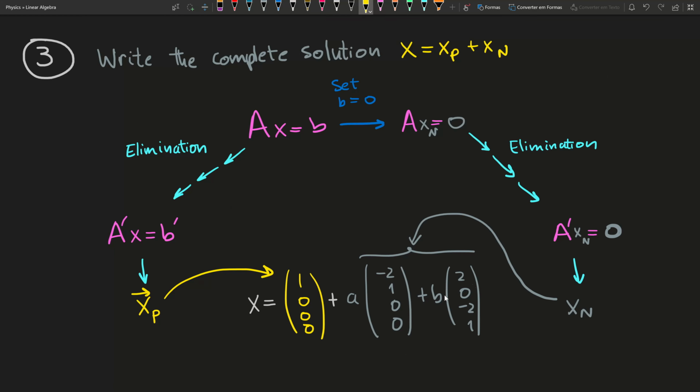We did this 2 times, and we arrived at 2 columns of coefficients. Those constitute the null space, as a and b range over all reals. And finally, the final answer to the problem Ax = b is written here, the general solution.